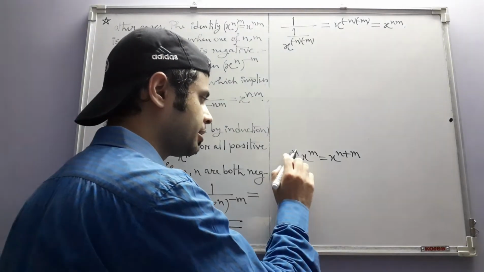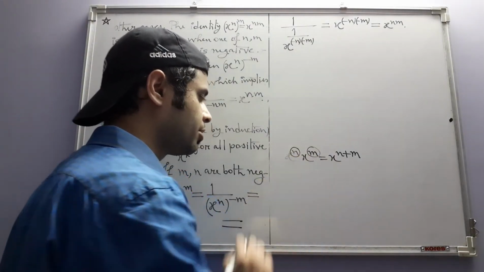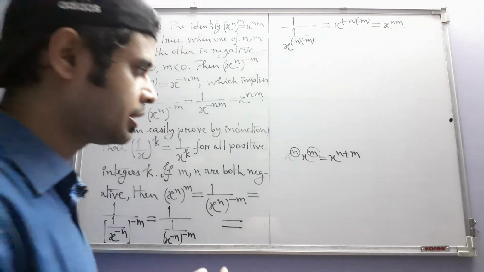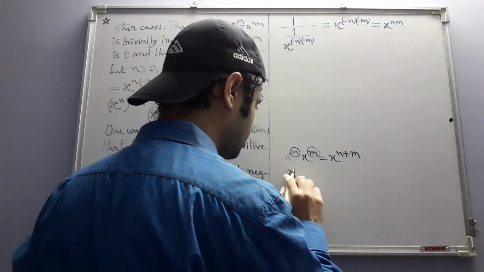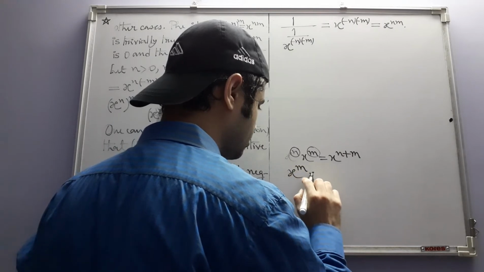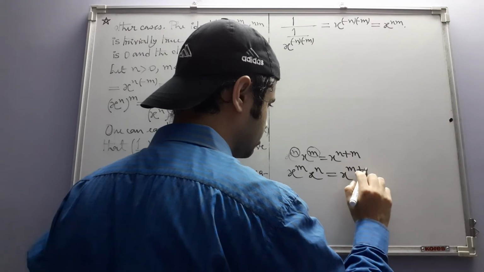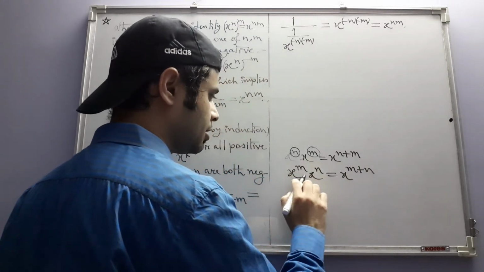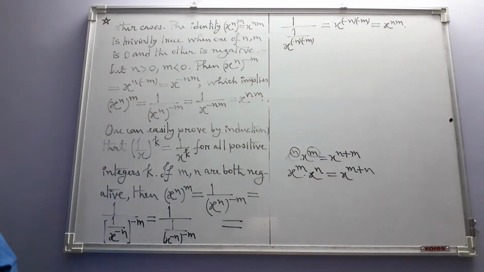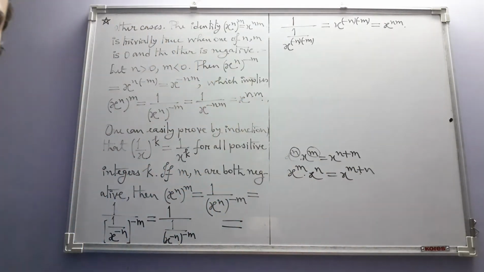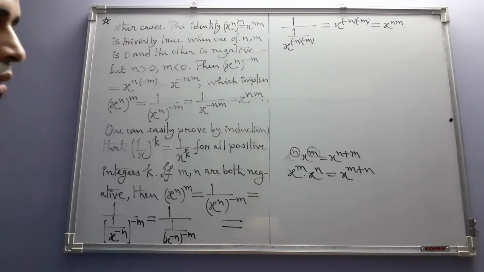If you want to say that n appears before m, that also does not change anything, because you can write the identity like this. This is equal to this because multiplication of rational numbers is commutative, and this of course is coming from commutativity of addition of integers.